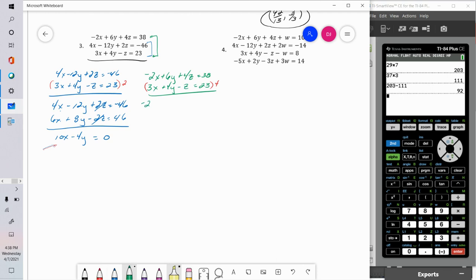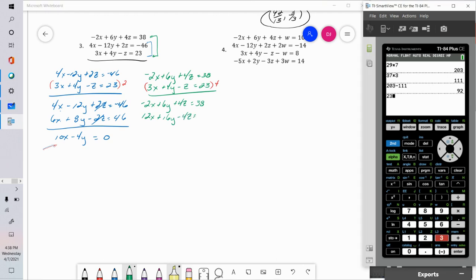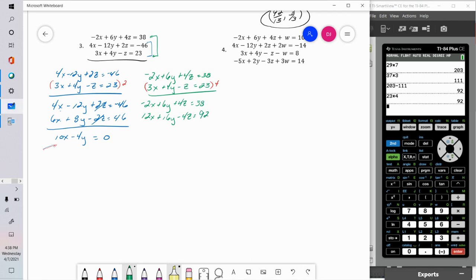So the top equation will stay negative 2x plus 6y plus 4z equals 38. The bottom equation will become 12x plus 16y minus 4z equals 23 times 4, 92.